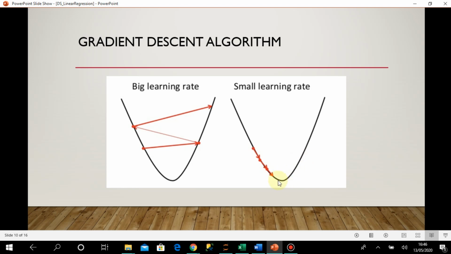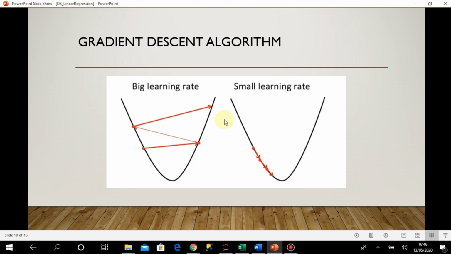My purpose is that I have to reach here. Wherever I may be in this entire curve, my purpose is to reach here. This is the point where your cost function will be the least, means you are very close to your actual outcome value. Okay, so here we have to reach, and how are we going to reach?